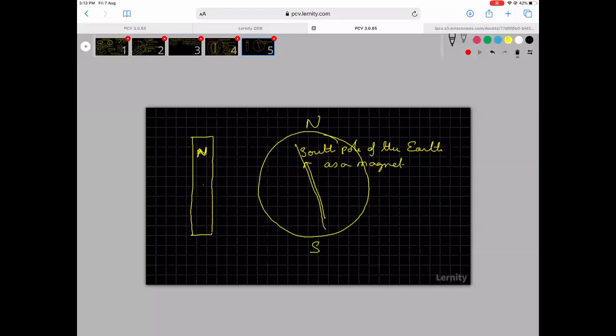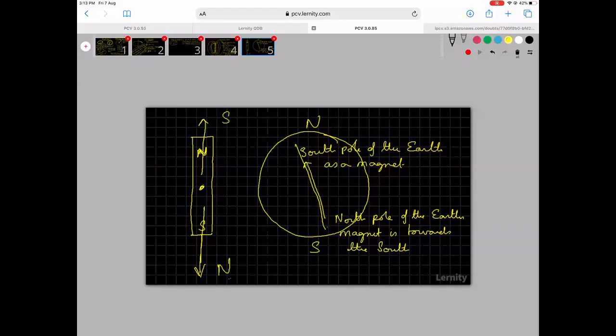The South Pole of the Earth's magnet is towards the north, and the North Pole of the Earth's magnet is towards the south. So when you suspend a magnet, its North Pole points in the direction of the geographic North Pole, and its South Pole points towards the geographic South Pole, implying that this is the South Pole of the Earth's magnet and this is the North Pole of the Earth's magnet.